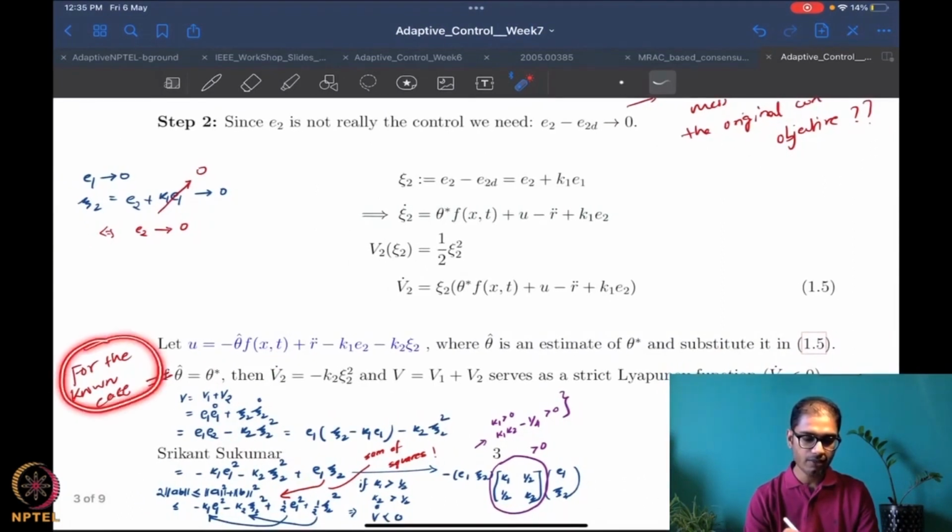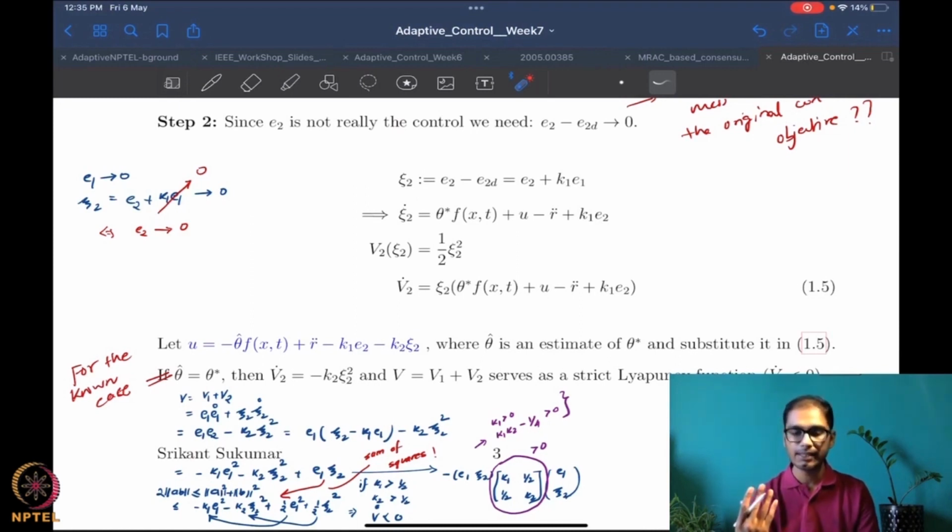For the known case, we just substituted theta star for theta hat, and then we did the subsequent analysis. Now, when theta star is in fact unknown, nothing changes. The theta hat remains as it is because it's an estimate. And as always, we need to come up with an update law for the estimate.